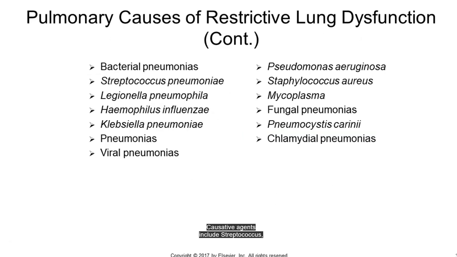Causative agents include streptococcus, which is the most common cause of community-acquired pneumonia, Legionella, Haemophilus influenzae, which is common in COPD patients, Klebsiella, common in alcoholic and diabetic patients, Pseudomonas, which is the most common cause of nosocomial infections, Staphylococcus, common in cystic fibrosis and COPD patients, Mycoplasma, viral pneumonia such as cytomegalovirus, varicella zoster and herpes simplex, and fungal pneumonia such as Pneumocystis carinii or PCP, often seen in immune-compromised patients.